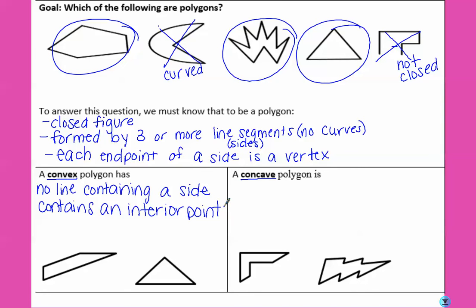Basically, it means that none of the endpoints are inside the figure. So these are all outside. If we extended the lines, we'd never end up inside of our figure.